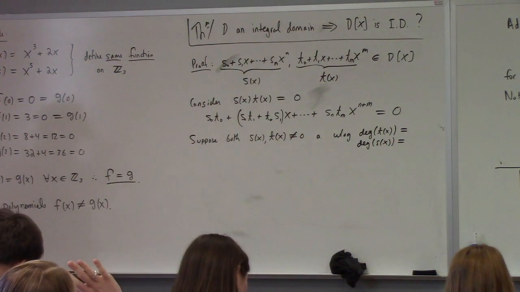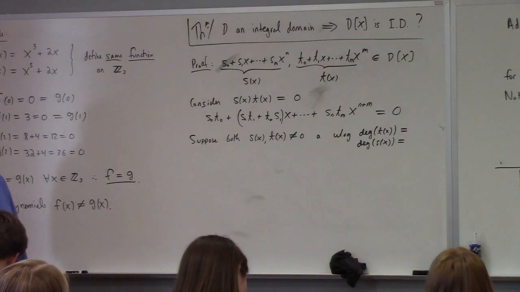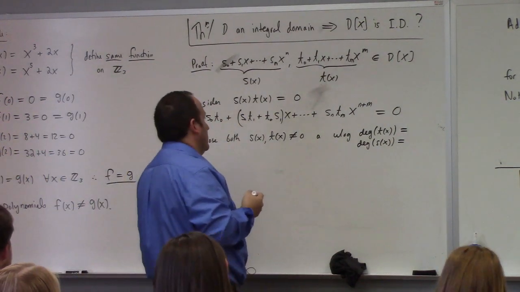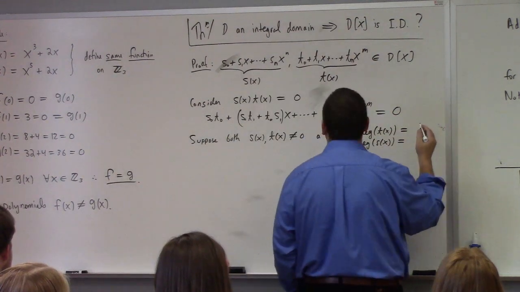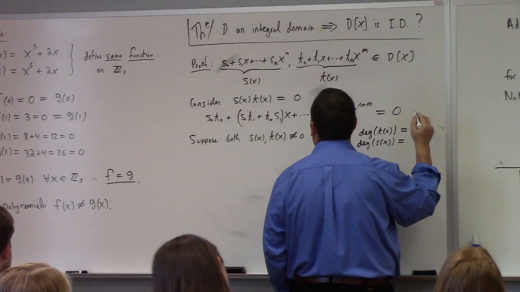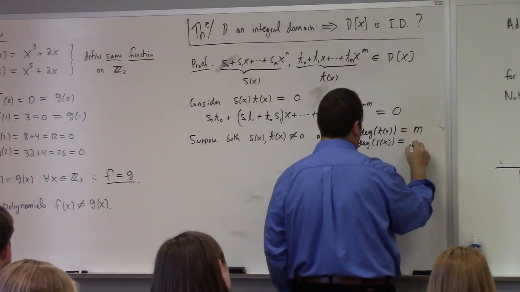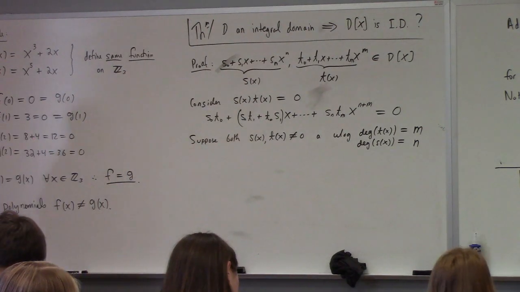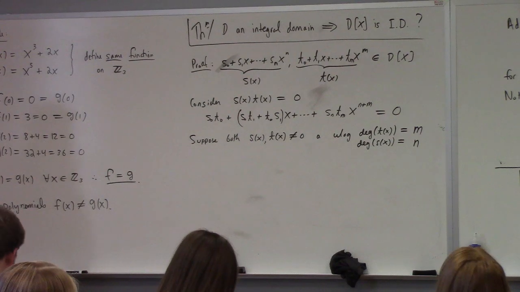Let's just make it what I've already written, right? So degree of t would be m, and that would be n. Think about it. That's the definition of polynomial multiplication. If I multiply the leading terms in the two polynomials, then that gives us the leading term in the product.